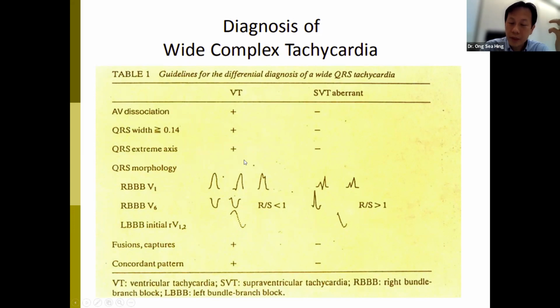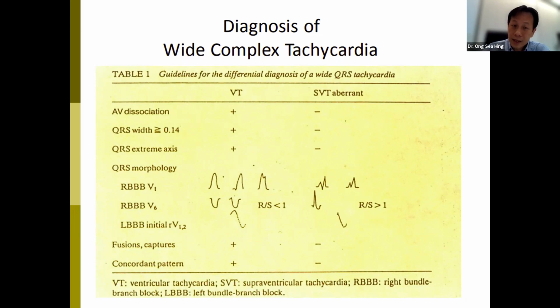Now, what is extreme axis? If you look at the axis, it's either left axis deviation or deviation of axis to the right. I didn't really put up a slide on how to look at axis, but I think most of you in the basic ECG training will know how to look at axis.